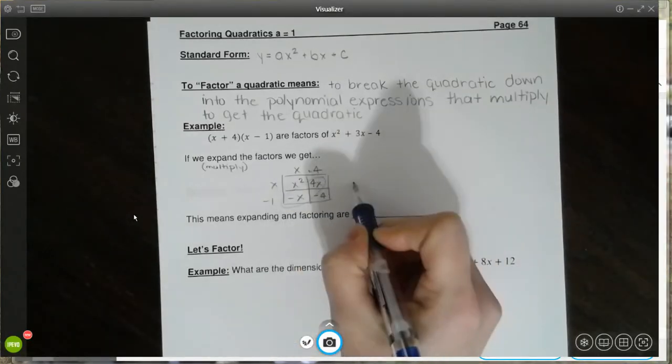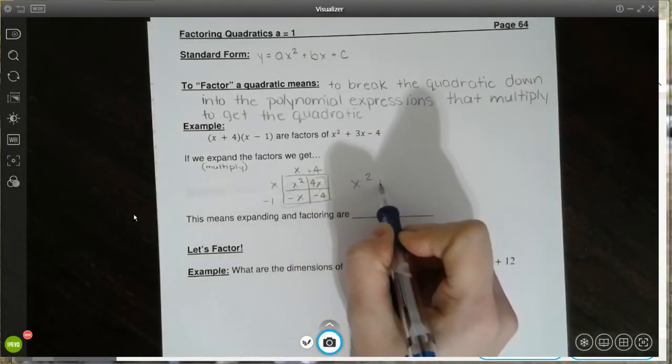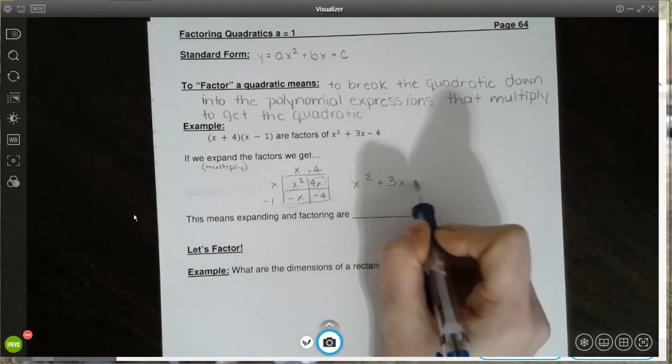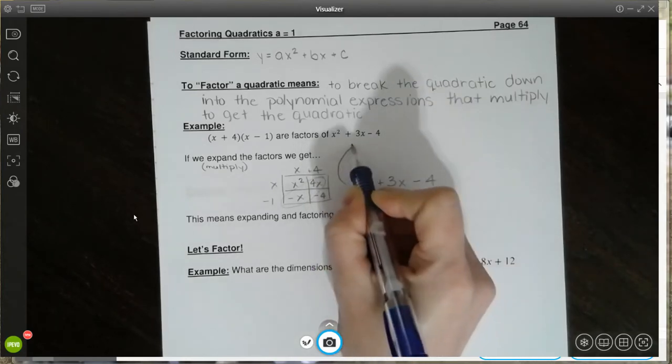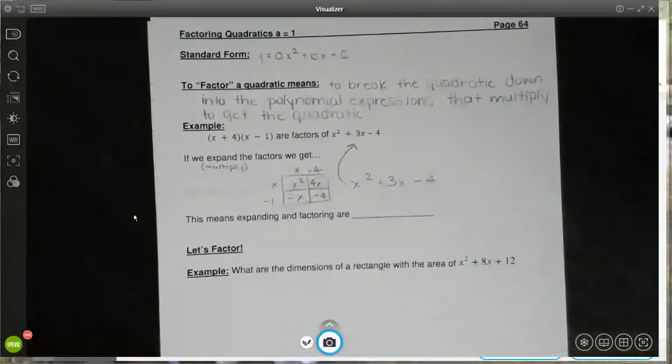Combining my like terms gives me x squared plus 3x minus 4, which proves to me that they are factors of that because it gets me back to my quadratic that I was given.